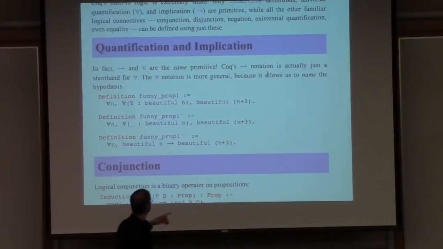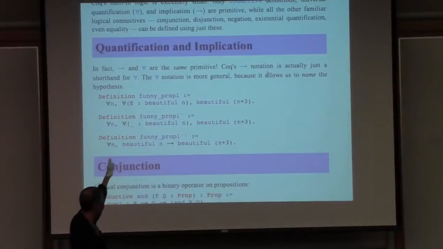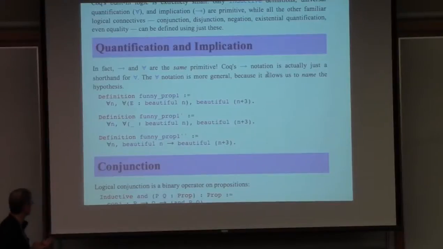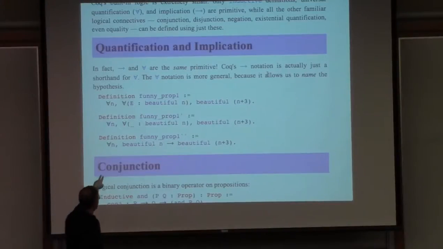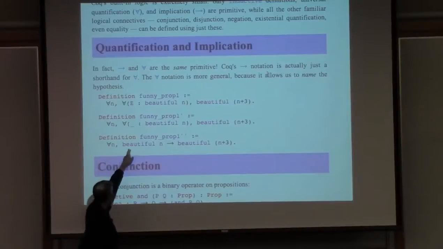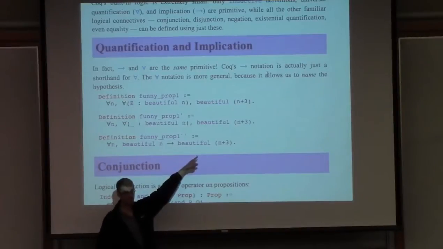Okay, so here's the same silly proposition written three different ways. So the last way is the most natural way, which says if n is beautiful, then n plus 3 is.